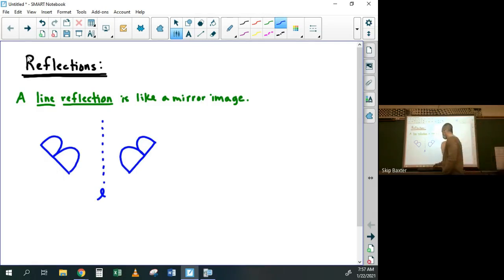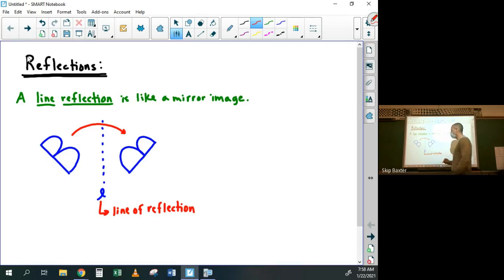Okay, so this is an example of a line reflection. L is called the line of reflection. All of the other vocabulary still applies. So this capital letter B would be the pre-image, and this would be the image.